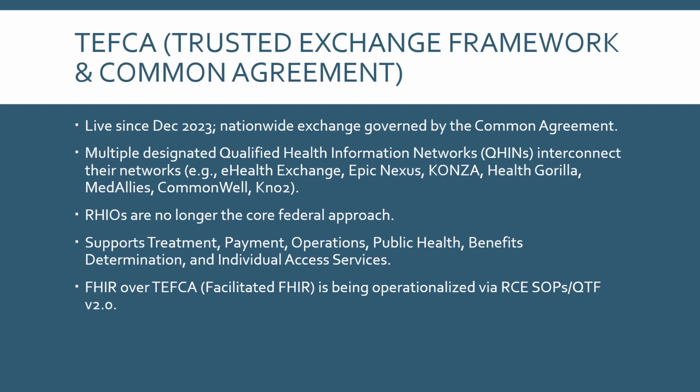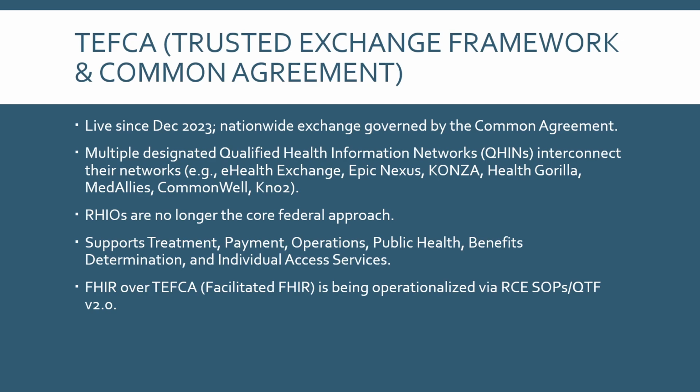And they create multiple designated Qualified Health Information Networks that interconnect their networks. Basically these are a network of networks, or a network of health information exchanges, and there are some examples, some names there. And now you can see that RHIOs are no longer the core federal approach, because they didn't even fund that.